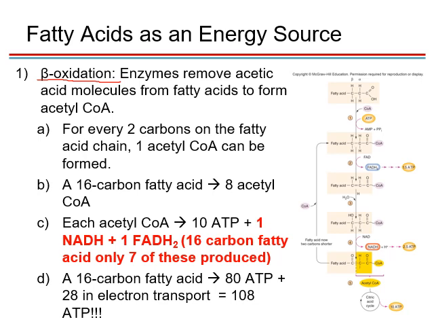We're going to break down these fatty acids through beta oxidation. And you can see, you don't need to know the steps along the way here, but each time we're going to be taking off 2 carbons from those fatty acid chains.